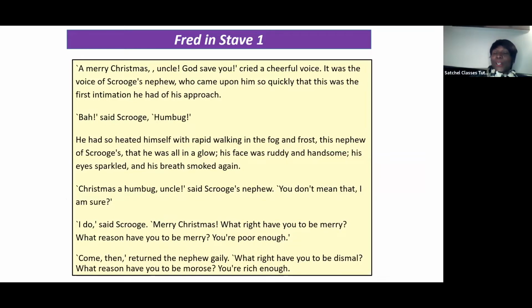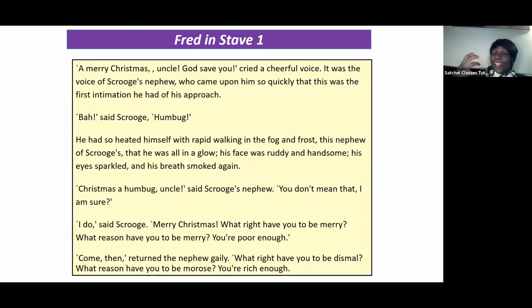"A Merry Christmas, Uncle! God save you!" cried a cheerful voice. It was the voice of Scrooge's nephew, who came upon him so quickly that this was the first intimation he had of his approach. "Bah!" said Scrooge. "Humbug!" He, Fred, had heated himself with rapid walking in the frost and the fog, this nephew of Scrooge's, that he was all in a glow.